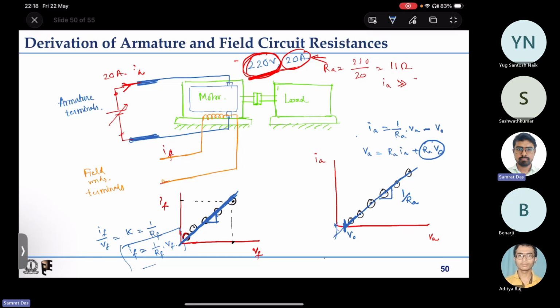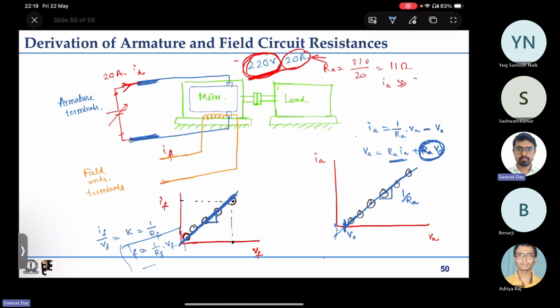If you see the steady state equation for this one, you have Va, some voltage that you are applying. Part of that goes as the IR drop, and another part goes as some constant voltage drop that is not very strongly dependent on the current. Ra is a constant and V0 is also a constant, so this overall thing is a constant. What is this constant quantity for? That is actually due to the brush drop. You have the commutator segment and the brush.